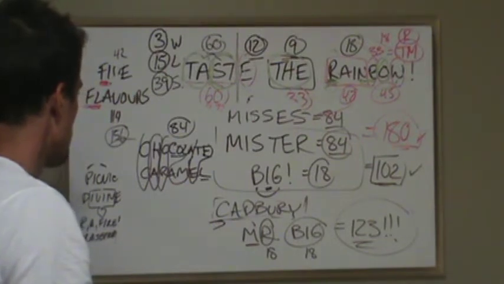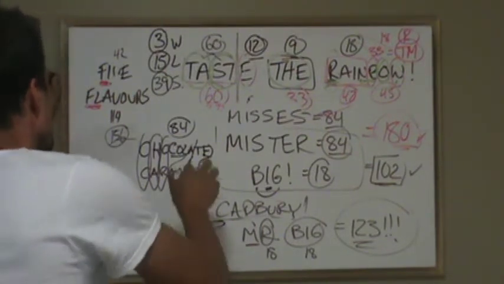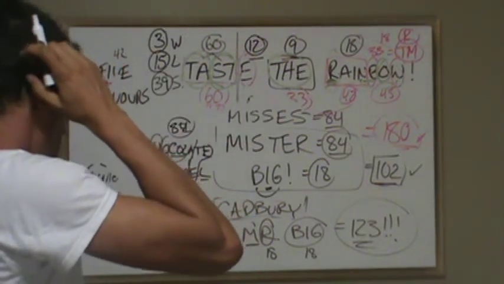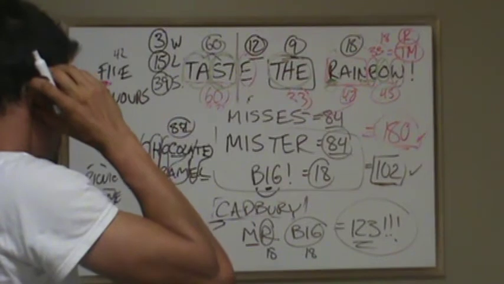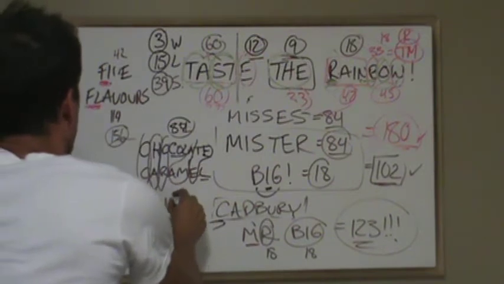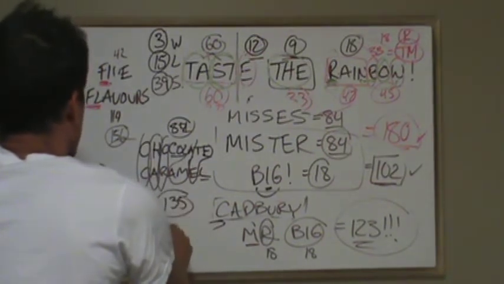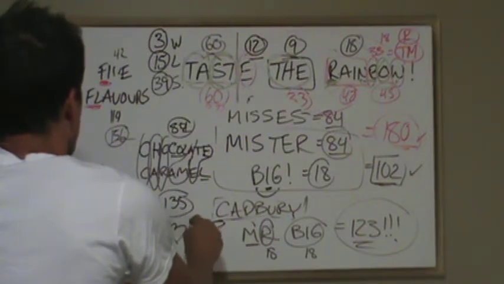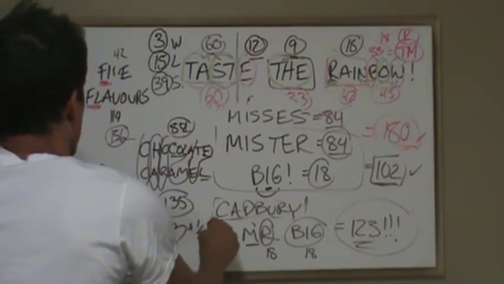Wait a second. Oh no, not 84, 82. I didn't write that correctly. 87 plus 15 is 102, 114. Wow, chocolate plus caramel equals 135, which is so good because that's 3 times 3 times 3 times the third prime. It's literally love plus half a love.